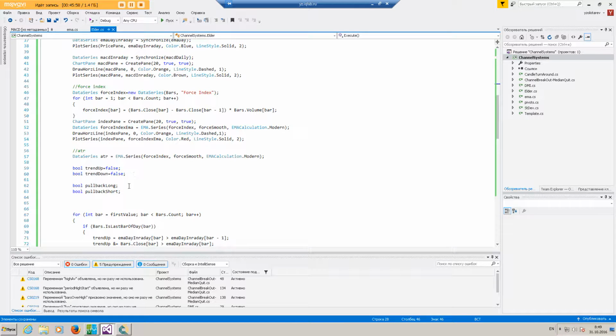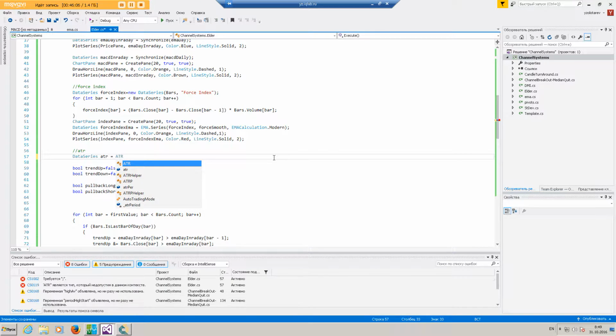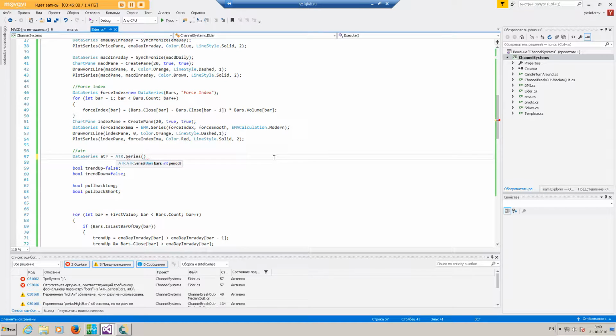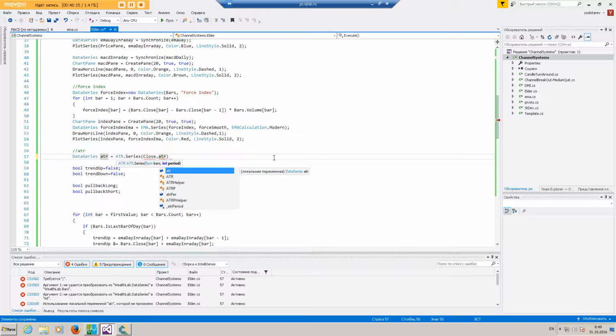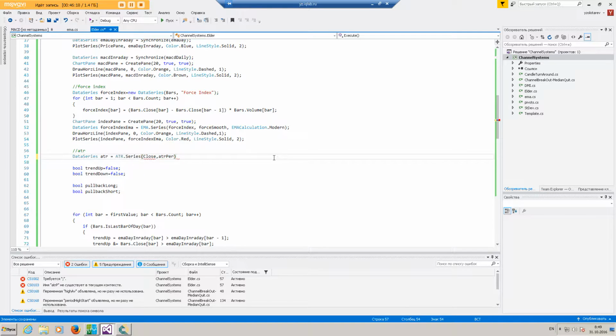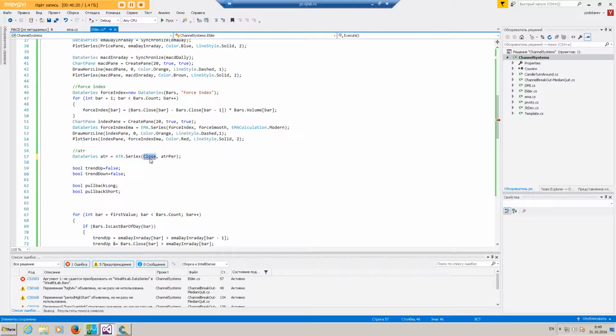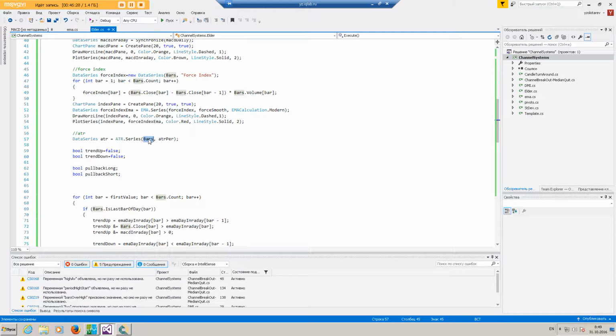Okay. Now, ATR. Of course, it's going to be like this. ATR series. No. Period. ATR period. Okay. And we're going to give it the bars. Yeah, because ATR doesn't use just the close price, it uses the whole bars information, high, low, everything.